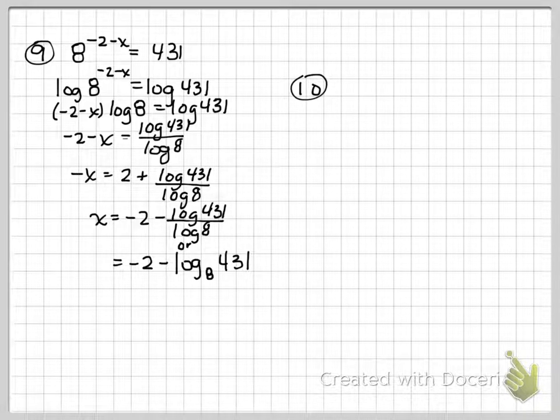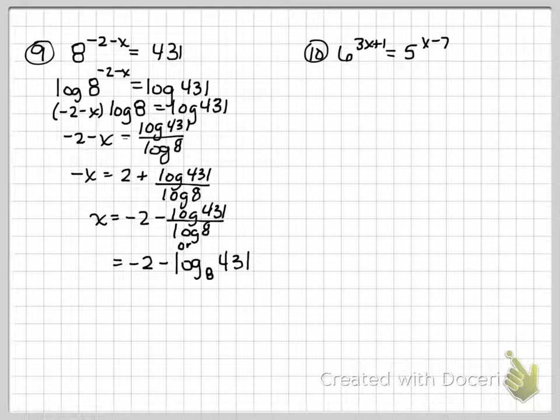Nope, let me move that up a little bit. Okay, so for 10 I have this one, which is 6 to the 3x plus 1 equals 5 to the x minus 7.